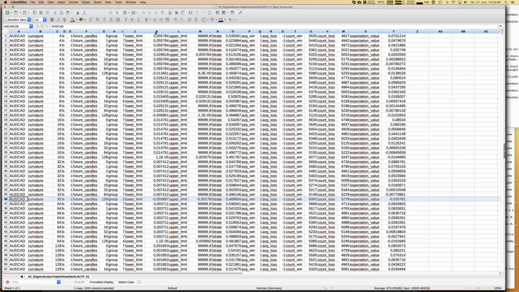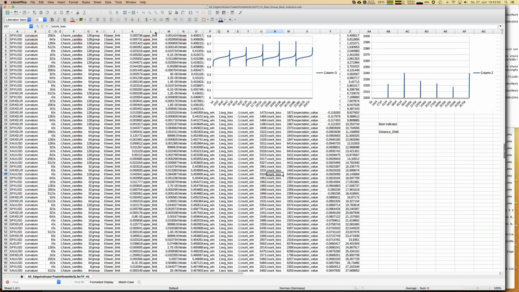So I can try to answer the question, which indicator is the best at all? If I just compare indicators for everything, including all kind of periods I investigate, all kind of future candles, let me just give you the answer, and you can do the same by your own.